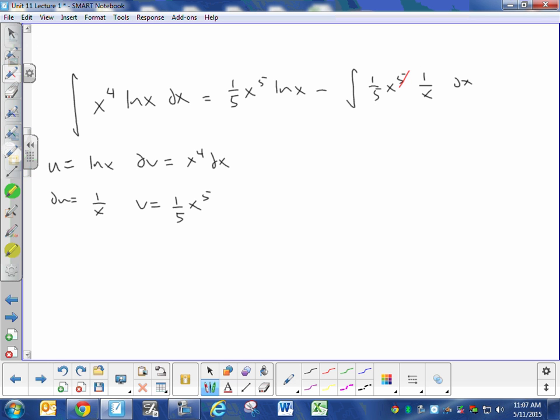If we pick the correct u and dv, we have a new antiderivative over there on the right, which is just 1/5 x to the 4th dx. You take the antiderivative of that, you get 1/25 x to the 5th.